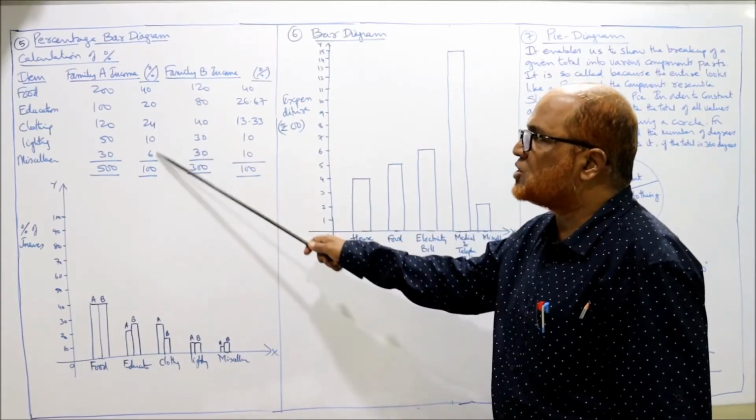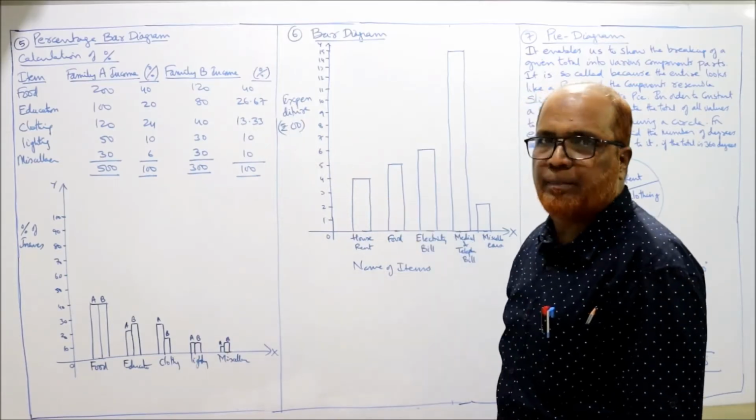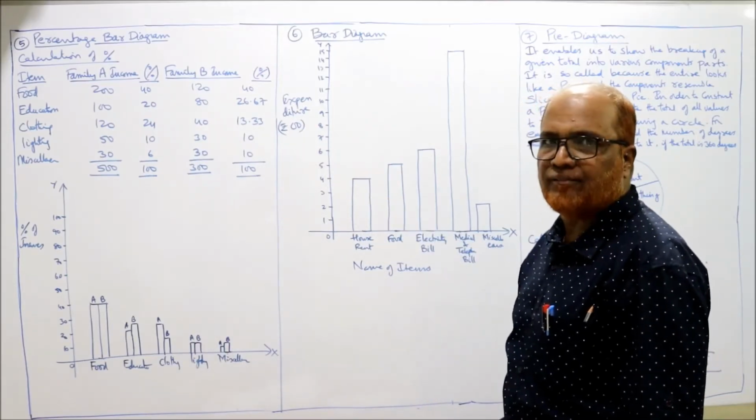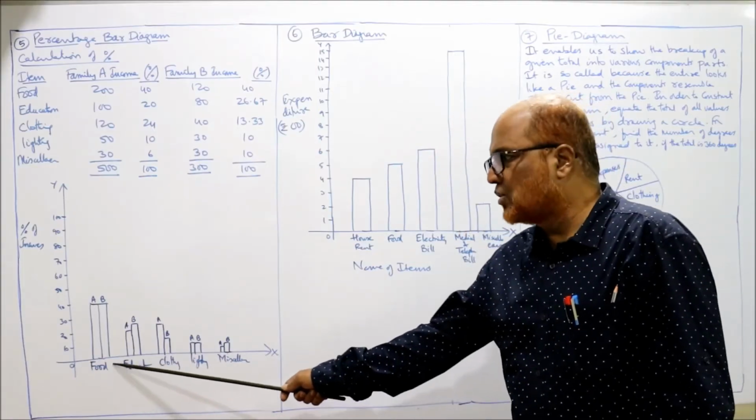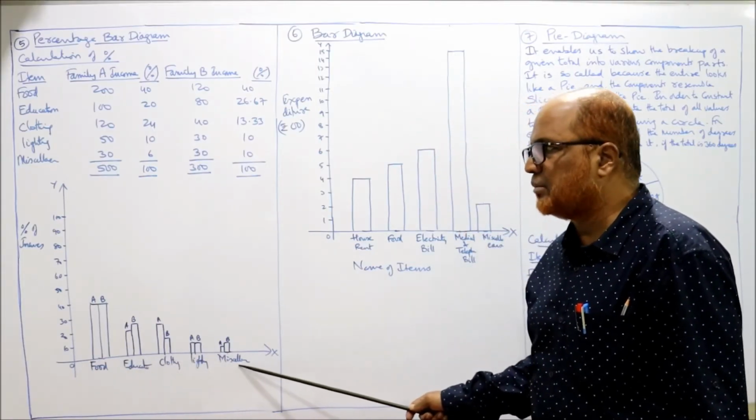Now this percentage of family A and percentage of family B, we have to show in the graph. On the x-axis we are going to take the items: food, education, clothing, lighting and miscellaneous.